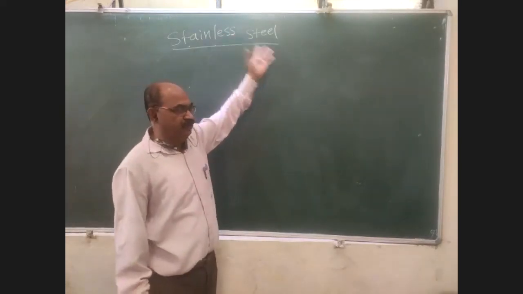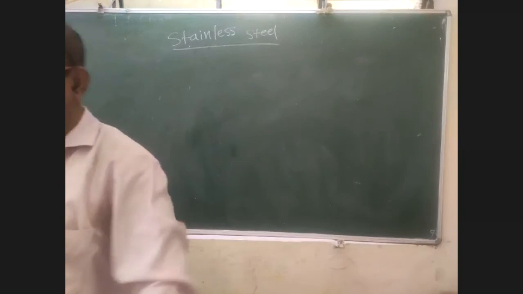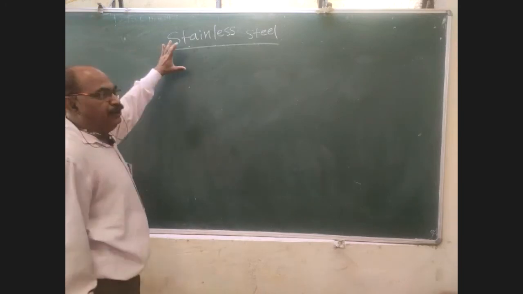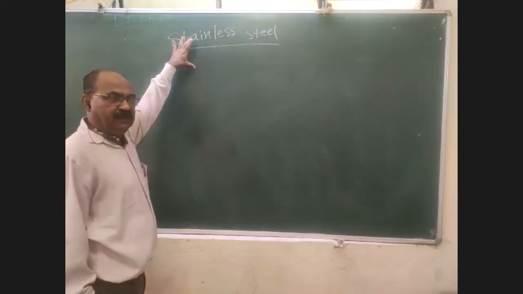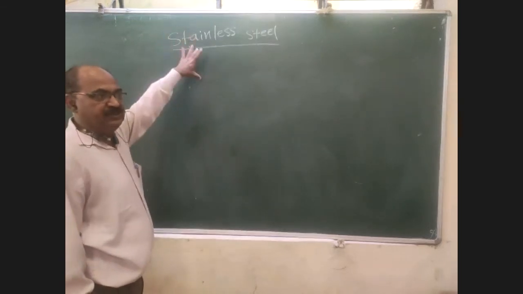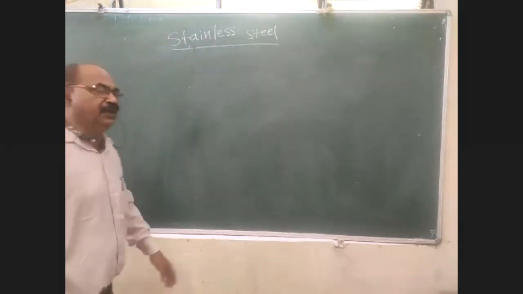If you use other steel instead of stainless steel, corrosion will definitely take place. To avoid these problems, we always have to use stainless steel. There is no effect of heat, corrosion resistance. These are the major properties of stainless steel.